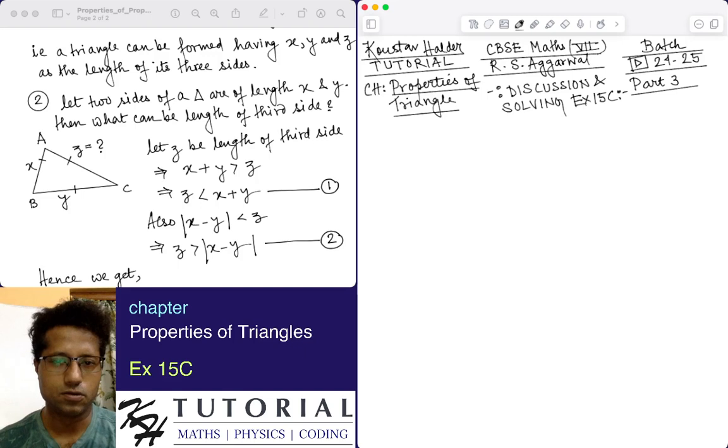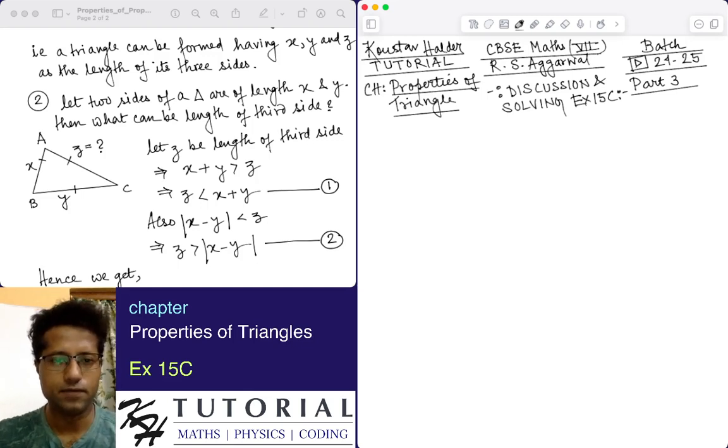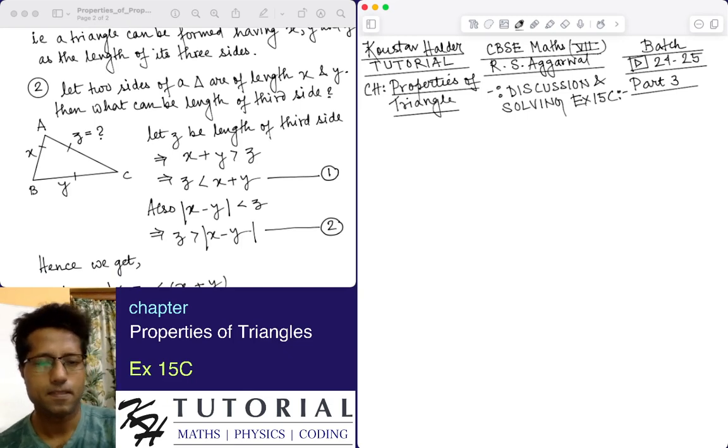So in the notes we assume that the length of the third side is z. Now from the triangle inequality we can say that x plus y will be greater than z. This implies z will be less than x plus y.